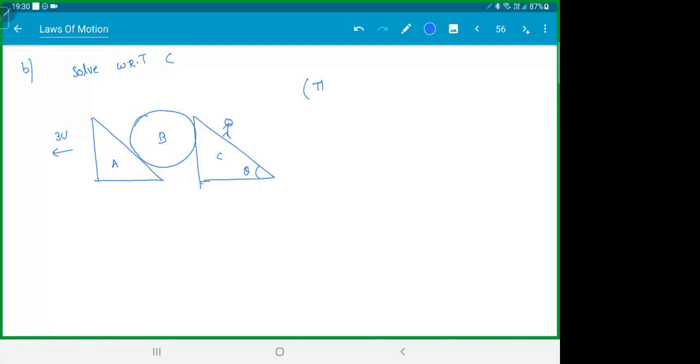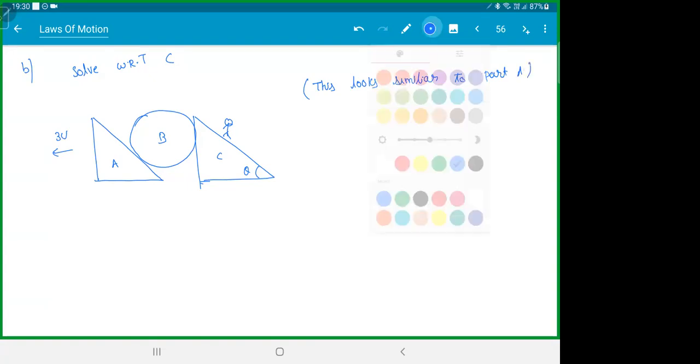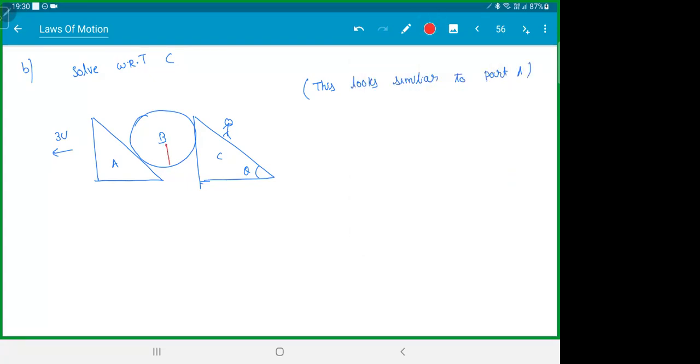This looks similar to the A part. So if A is going with 3U, we just related that VB will be equal to VA tan theta. So we get velocity of B as seen by C will be minus 3U tan theta j cap.